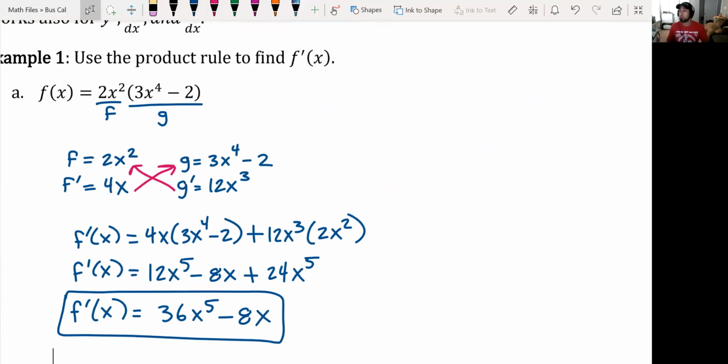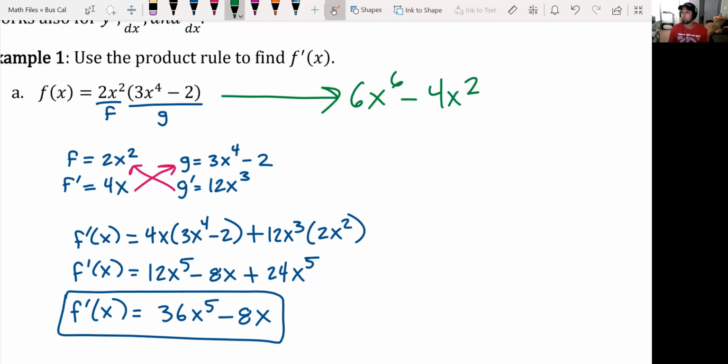All right. So again, we use product rule to make a complicated function's derivative a lot easier. But what if we had distributed this function from the beginning? You would get 6x to the 6 minus 4x squared. Well, what is the derivative of 6x to the 6?